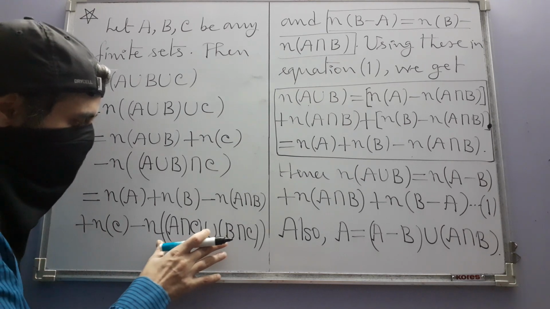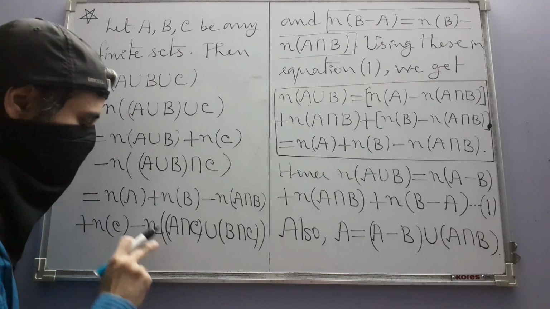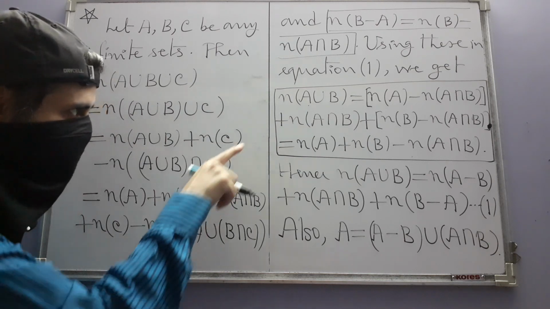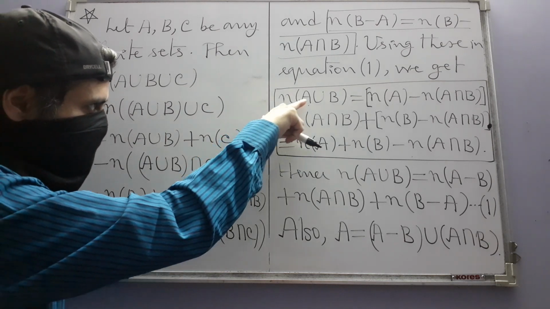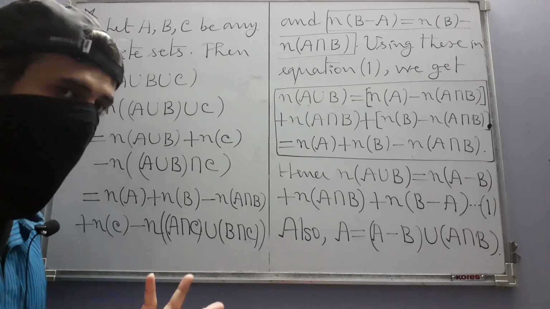Now, why did we do that, by the way? We did that because we have a formula for the number of elements in a union.